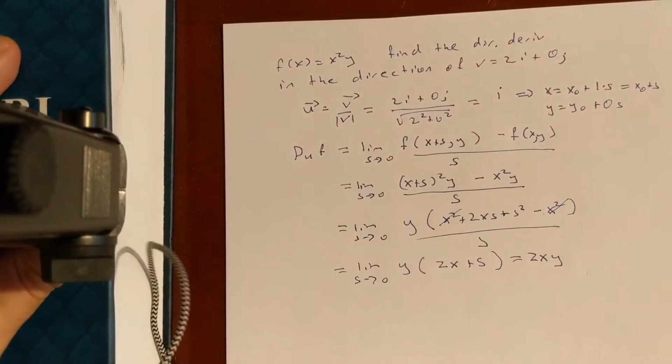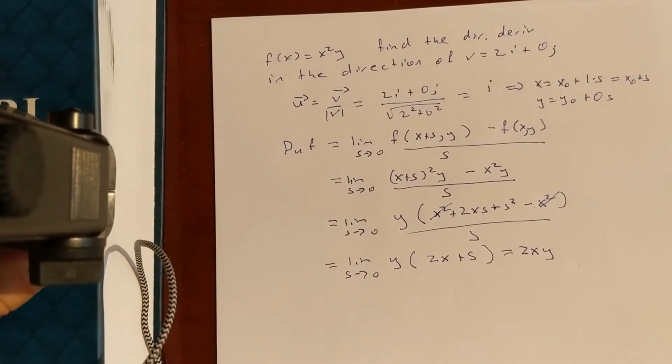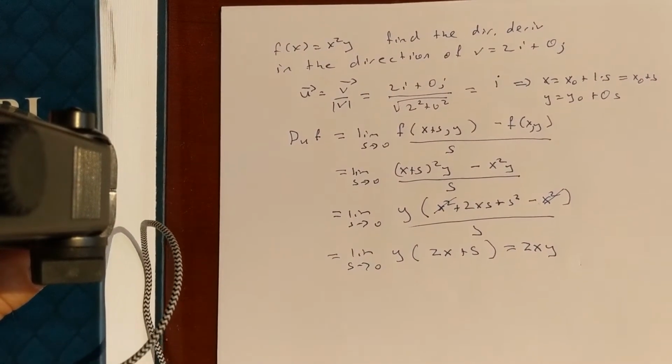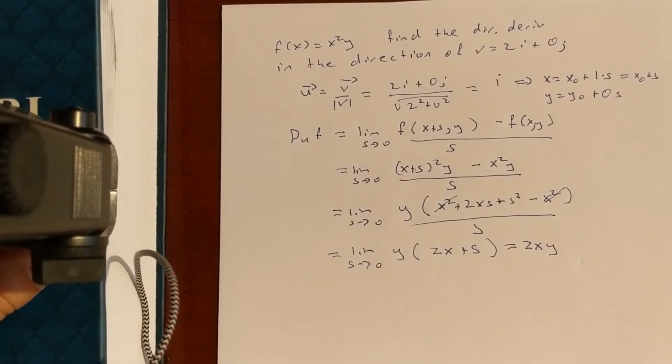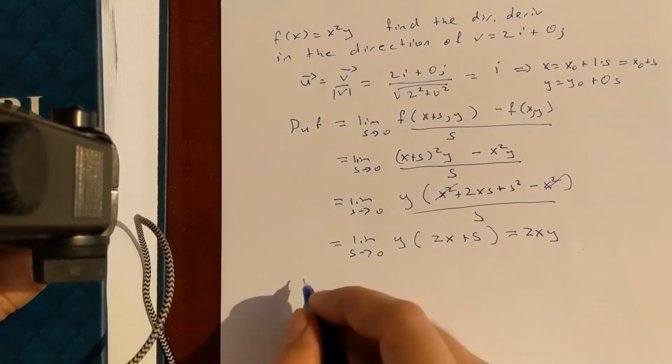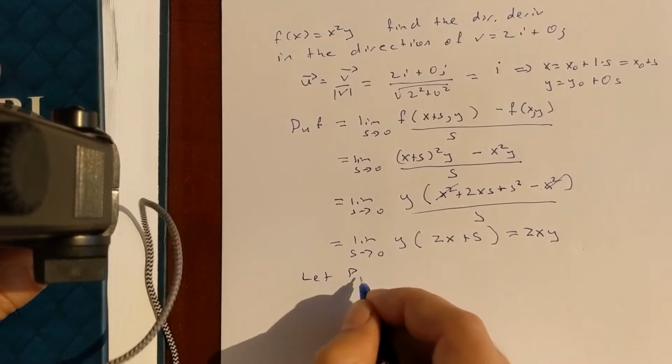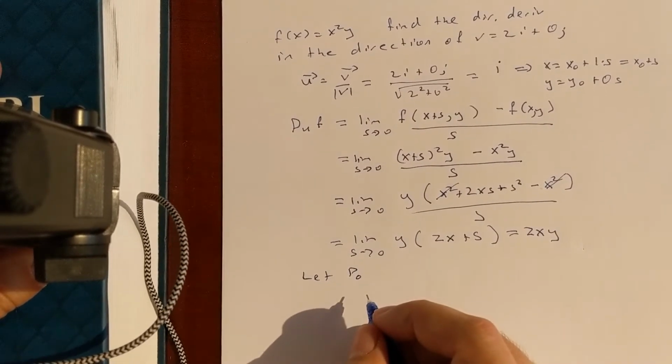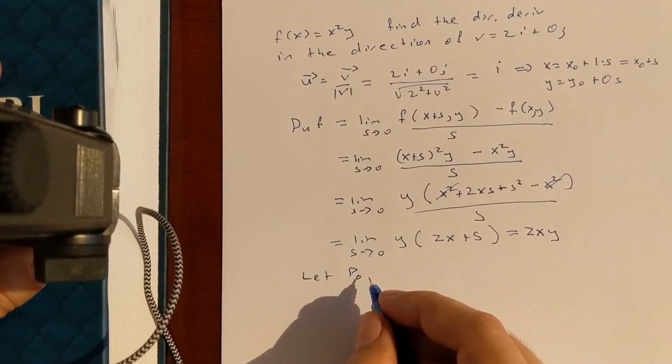So this gives you a general formula for the directional derivative in the direction of that vector. If we wanted to, let p naught be any old point, let's pick (1, 3).